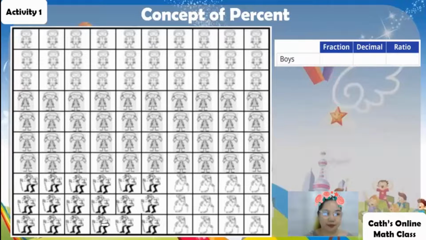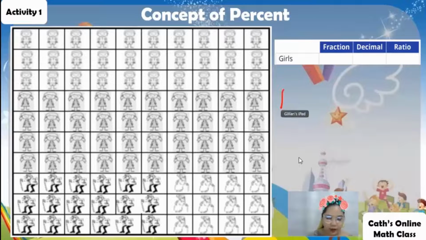Next, how about the girls? Let us now count the girls. Remember the easiest way on how I counted the boys by just multiplying the rows and the columns. Let's do that again. How many rows are there? There are, this time, 1, 2, 3, 4.